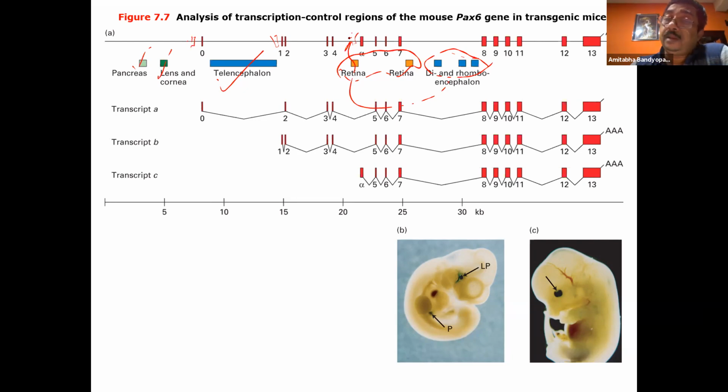So there are certain factors, let us say A, B, and C. If they are present only in the pancreas, then PAX6 will be expressed in pancreas. And if D, E, and F are present, say, only in the lens and cornea, and not in any of these other tissues, pancreas, retina, etc., then the lens and cornea version of PAX6 will be produced only in lens and cornea, and so on and so forth.